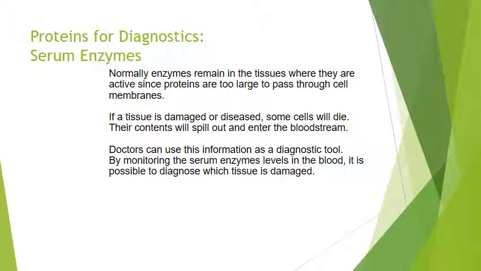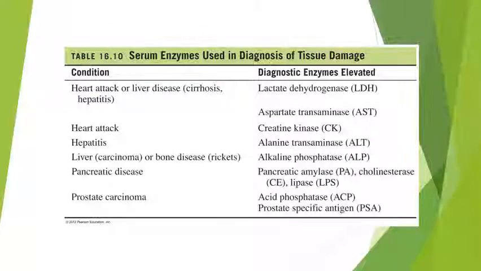They know by looking at them where they probably come from. So here are some examples, and I'm sure as you get into your nursing field you'll see more of these. For instance, if there's a high level of lactic dehydrogenase, that may suggest that you had a heart attack, or etc. Okay, so that's it.